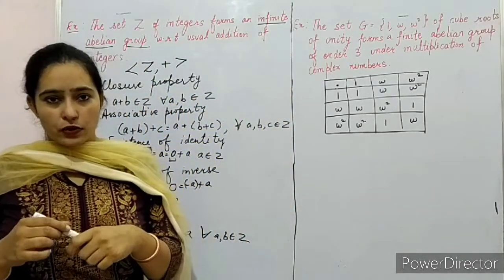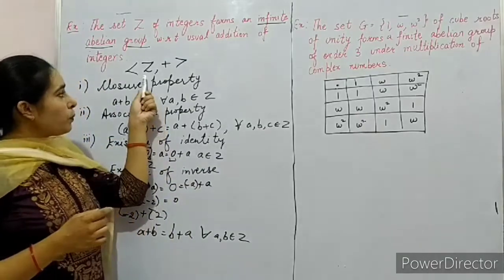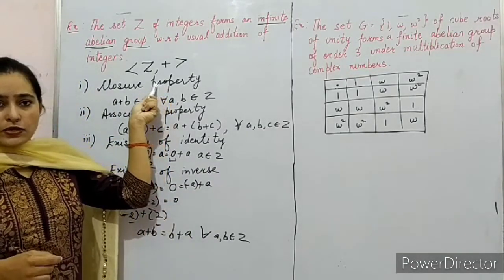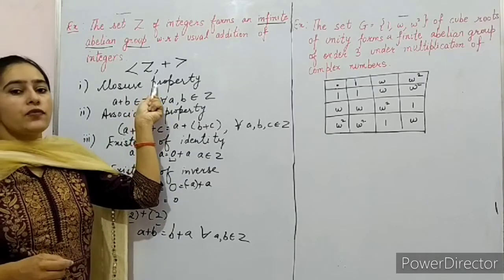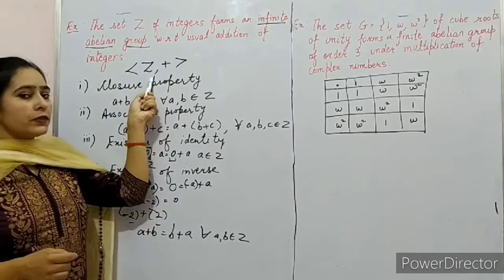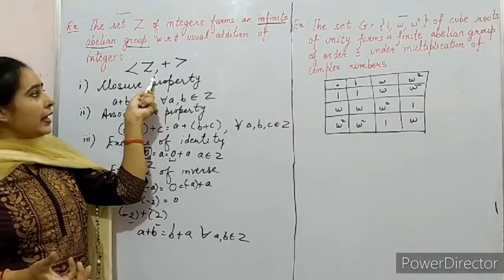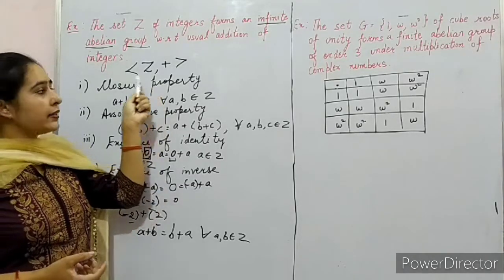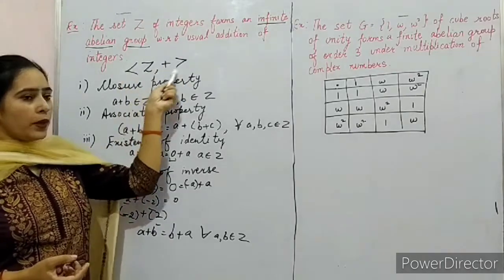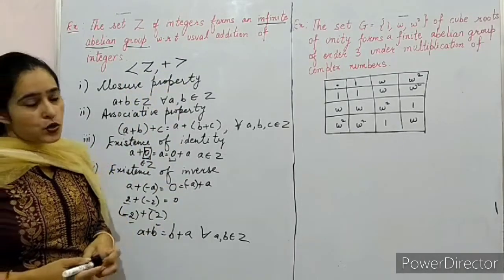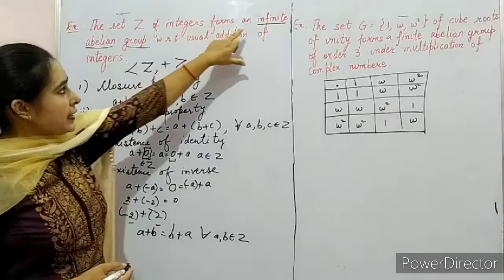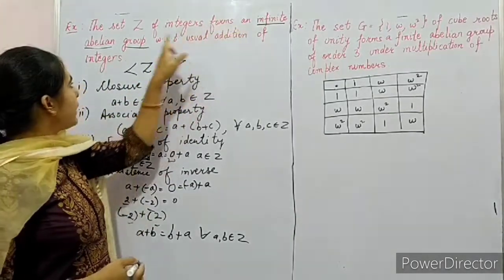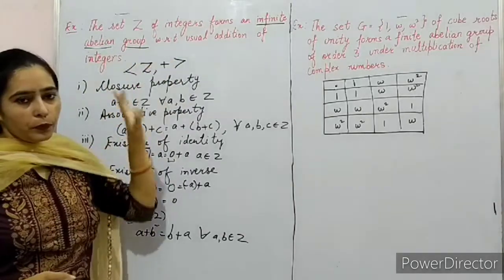As we have studied already, group is finite if this set is finite, group is infinite if this set is infinite. And we all know that this set of integers is infinite set. Z is infinite set. That means this group is infinite. So we have proved that Z under addition forms infinite abelian group.